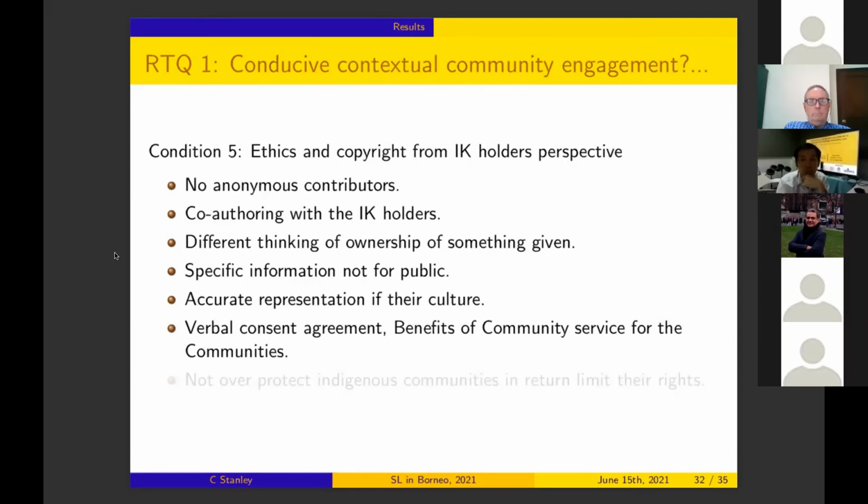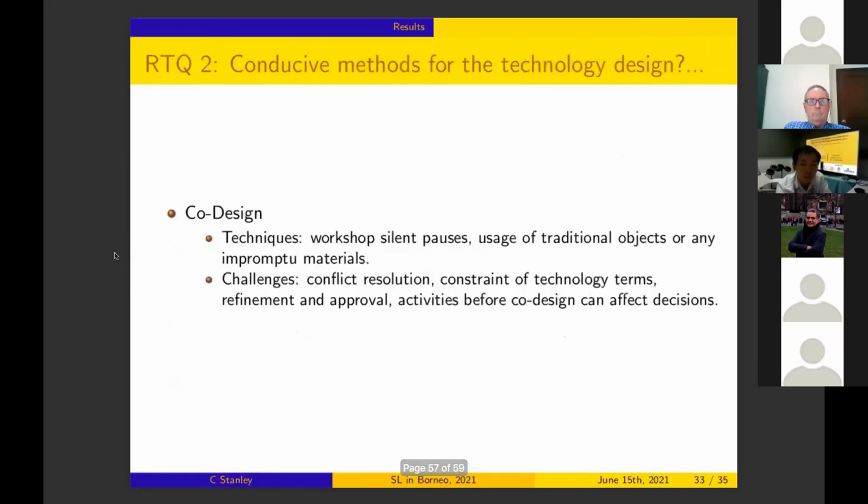It's your ownership now. So for us that was a bit of a different understanding of ownership. They also mentioned that specific information is not for public, and accurate representation of their culture. For example, you have individual accounts on a crowdsourcing platform, but they wanted a group account. And this group account has a youth representing the elders. So totally different understanding from what we needed to learn.